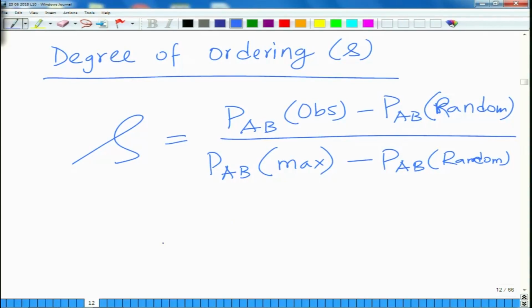Okay. So, basically this would be the state of complete ordering. This would be the random solid solution and this is the observed.